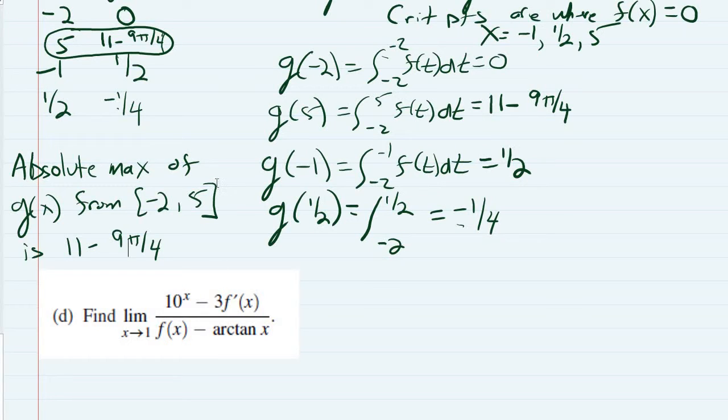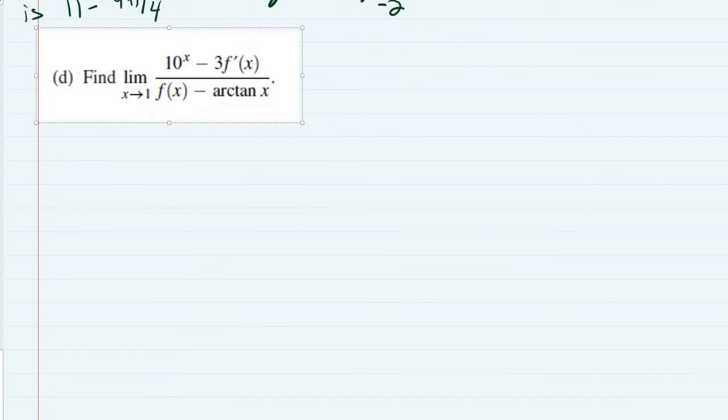Okay, next question. This ends up being maybe one of the longer videos on this 2019 FRQ. Part D is find the limit as x goes to 1 of 10 raised to the x minus 3 times f prime of x all over f of x minus arctan of x. All right, well, I'm going to try substitution, right?